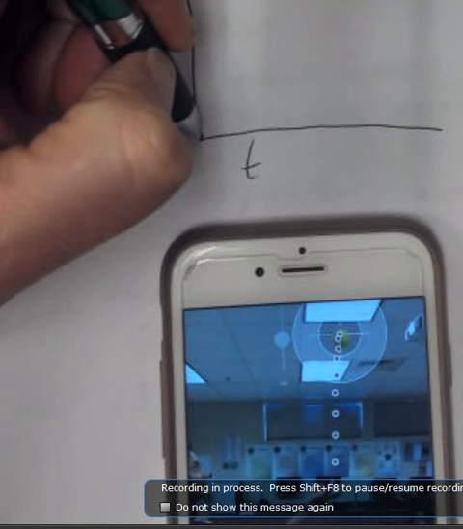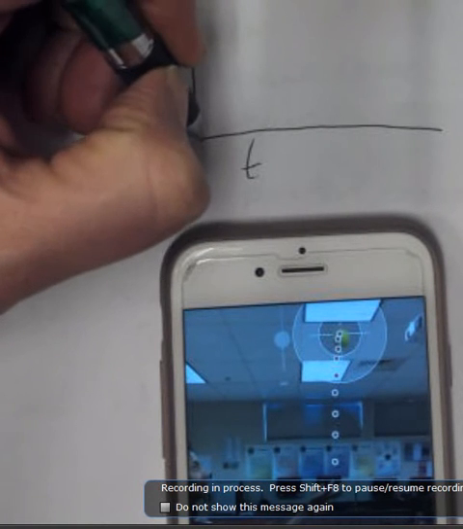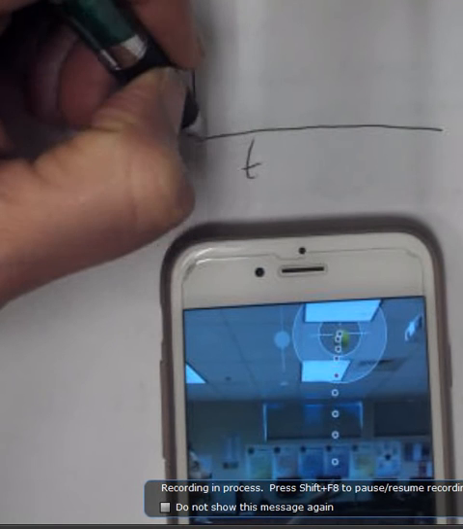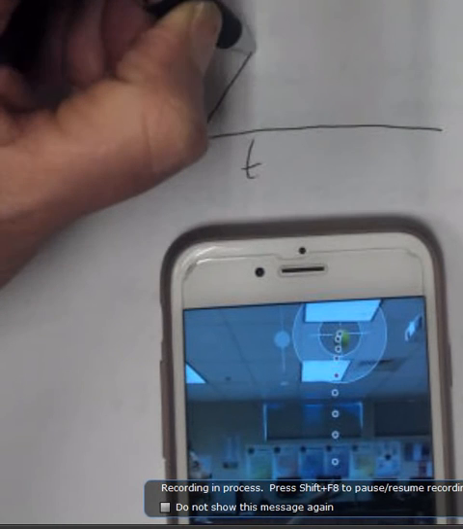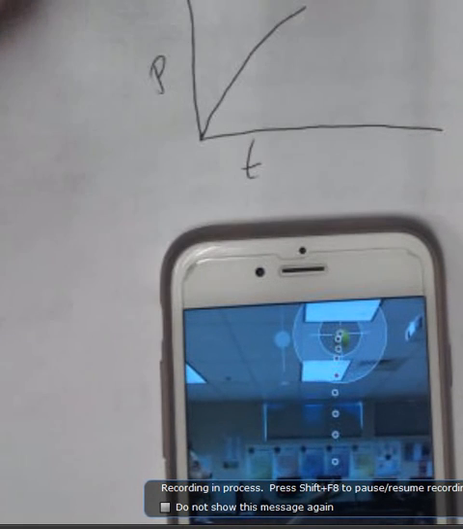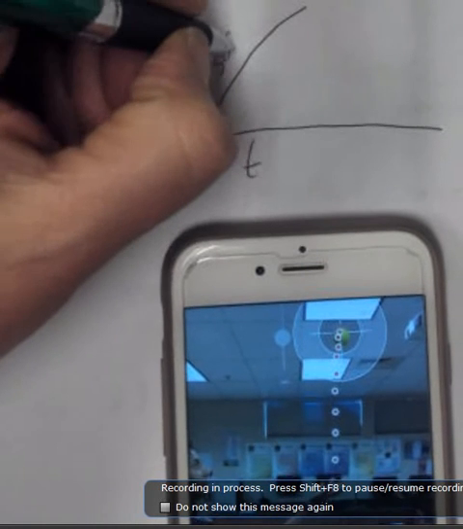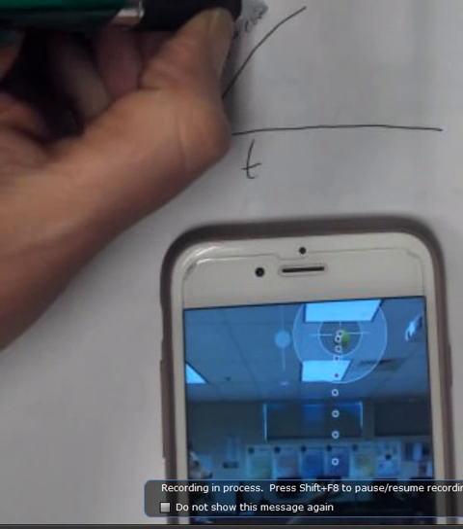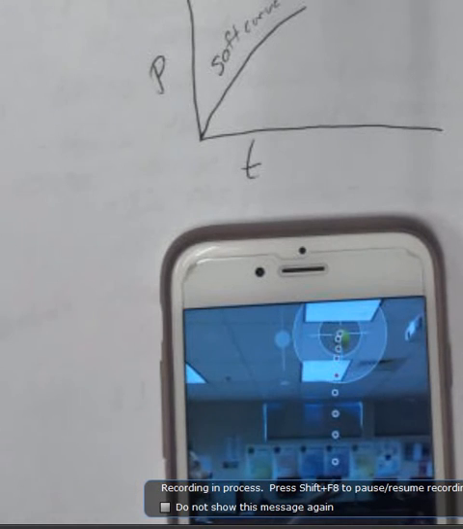Less displacement over time means a smaller velocity, which means a smaller slope over time, which means it's decreasing. What do we call it? A soft curve, I think. We call that a soft curve. It's an exponential relationship, we think, that created that soft curve.